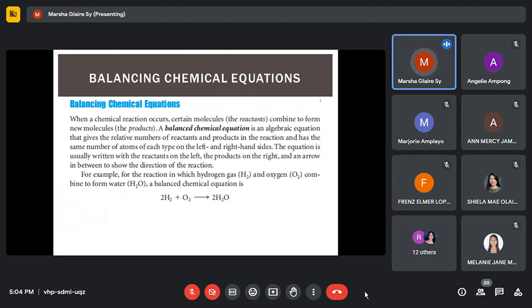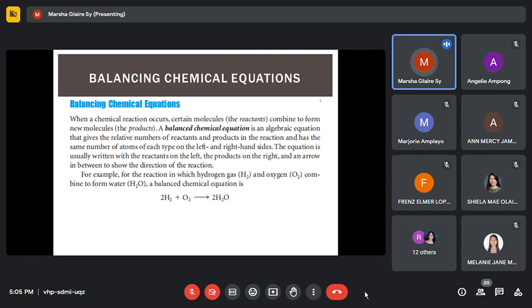A balanced chemical equation is an algebraic equation that gives the relative numbers of reactants and products in the reaction and has the same number of atoms of each type on the left and right hand sides. The equation is usually written with the reactants on the left, the products on the right, and an arrow in between to show the direction of the reaction.